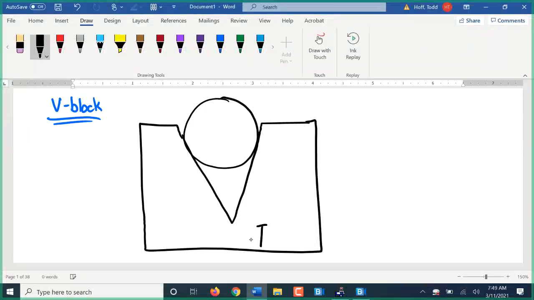So I'm going to give you the distance from the bottom of our block up to that V is 0.5 inches. The overall height of our block is 2.5 inches.